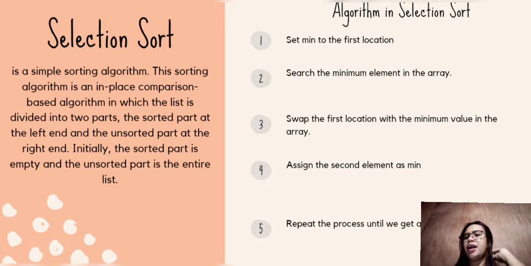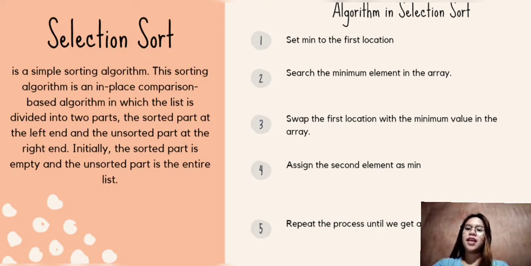Another strategy of selection sort is that we find the smallest element in each iteration and place it in the array starting at the first index. As a result, selection sort is split into sorted and unsorted subarrays.